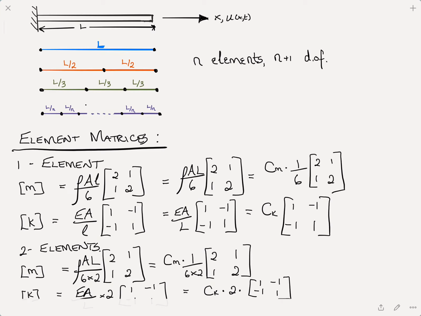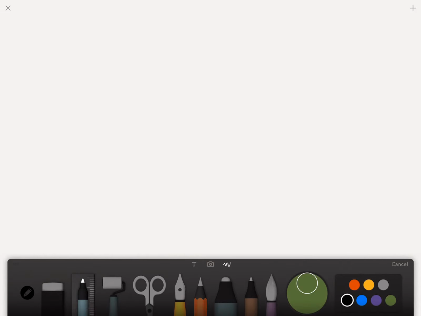All right, so let me just write that out in general terms. So if we have n elements, we find out that the mass matrix M is equal to Cm times 1 over 6 times n times 2, 1, 1, 2.